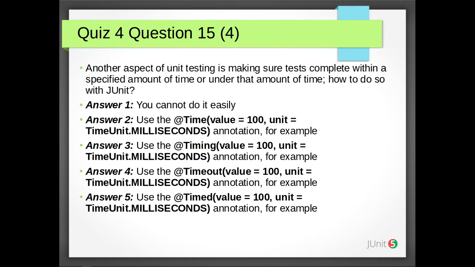Use the @TimeIn(value = 100, unit = TimeUnit.MILLISECONDS) annotation, for example. Answer 4. Use the @Timeout(value = 100, unit = TimeUnit.MILLISECONDS) annotation, for example. Answer 5. Use the @Timed(value = 100, unit = TimeUnit.MILLISECONDS) annotation, for example. The correct answer is 4.